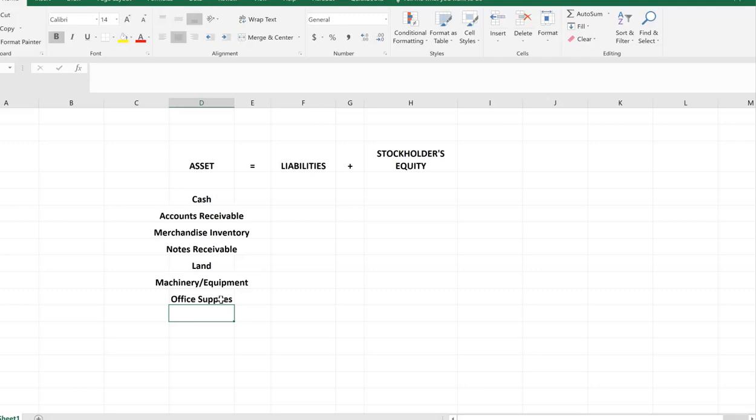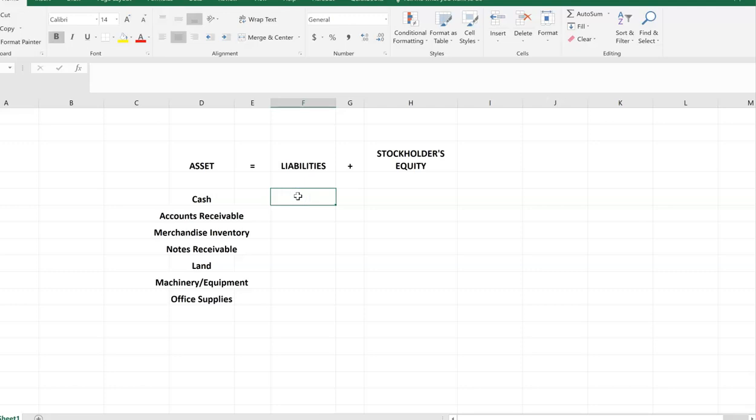Those are ink, pens, pencils, erasers, pads, clips, Post-its, things that you buy to help you complete your work. And the value of those brand new is recorded in office supplies. You'll see by chapter 3, we're going to focus a lot on office supplies and what happens to those office supplies as we use them and they're no longer available for our use. So these are assets. They're available to us to use in the future to run our business.